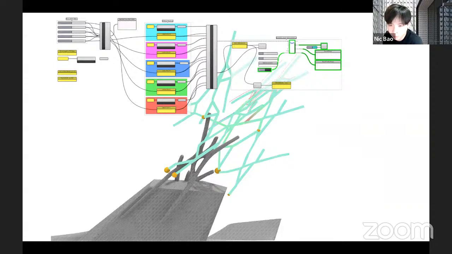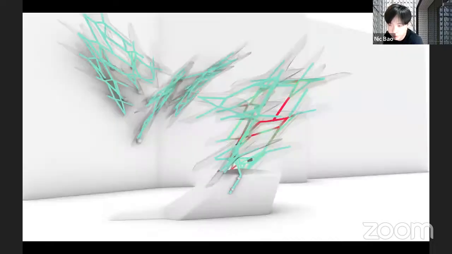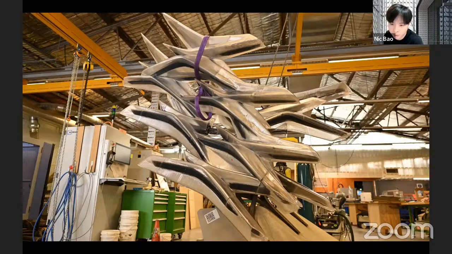for better speed and also more accuracy. This project has two parts: one is on the wall and one is underground. So this is the fabrication method.